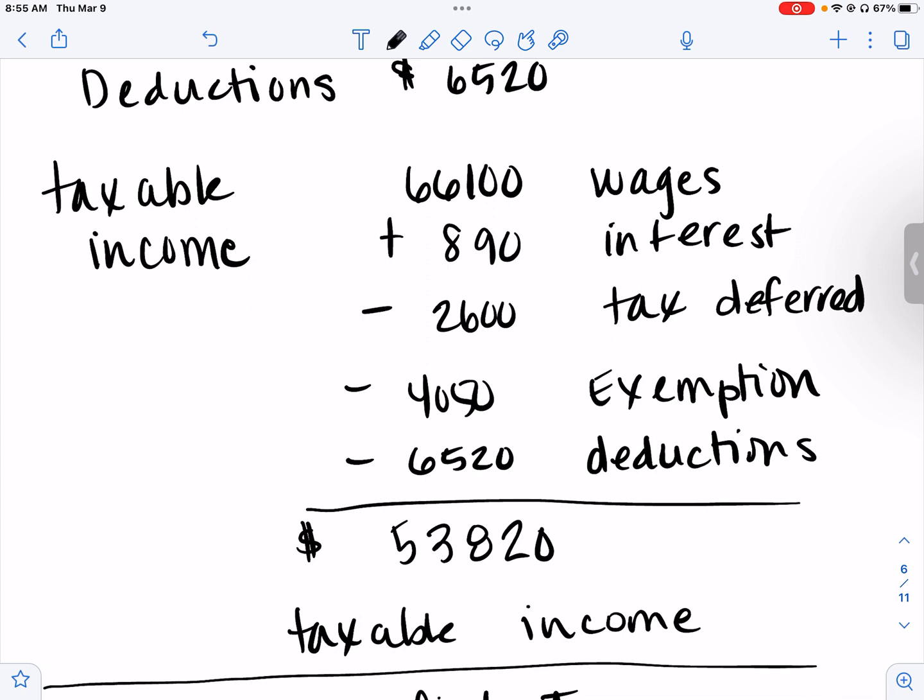Tax deferred, you subtract because you're not paying taxes on it right now. Exemptions take money off of what you owe, and deductions also take money off of what you owe. So you subtract tax deferred, exemptions, and deductions, and you get $53,820 as the taxable income.